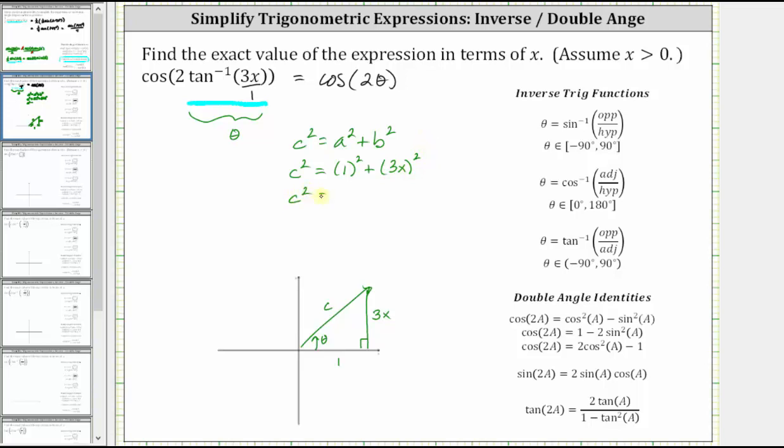Simplifying, we have c squared is equal to 1 plus the square of 3x is 9x squared. And now we know the hypotenuse is always positive, so now we'll take the principal square root of both sides of the equation, which gives us c is equal to the square root of the quantity 1 plus 9x squared. Let's go ahead and label the hypotenuse.